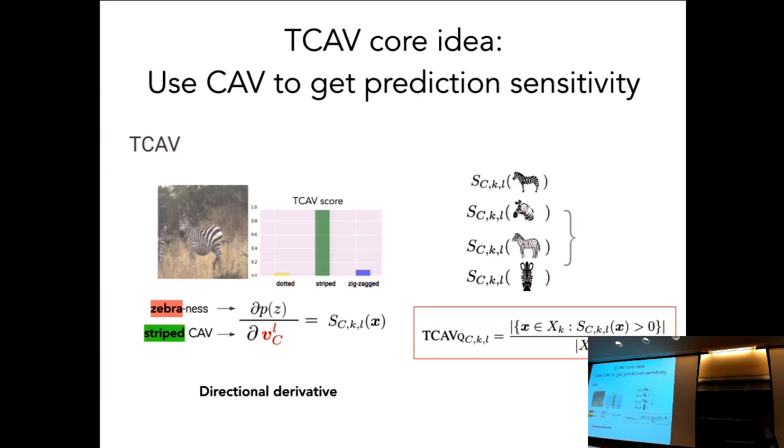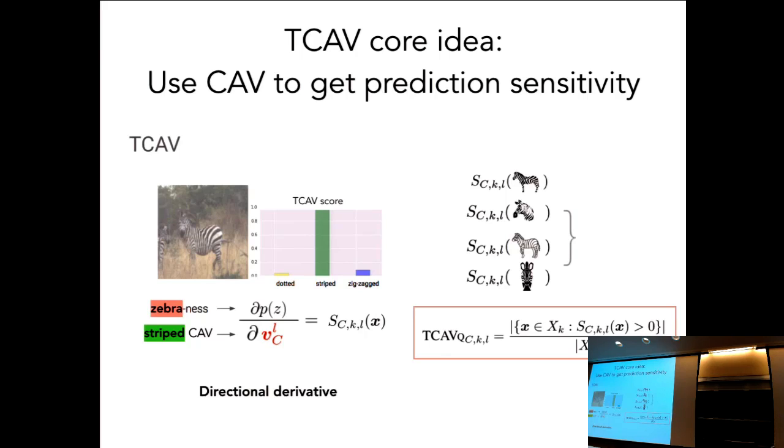And do you use a negative set also? Non-zebras, like a telephone or something, and calculate the opposite thing? Yeah, totally. I think you're getting into the thing that I briefly mentioned.